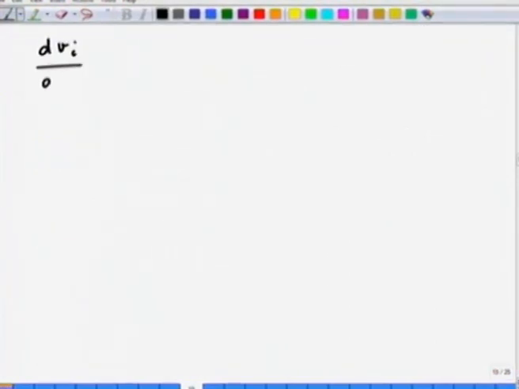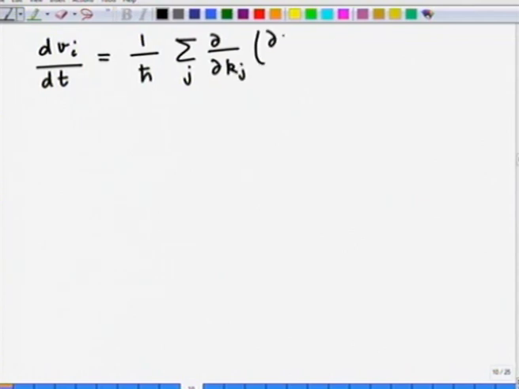So what do we do? Same way we will write this as 1 over h bar, and since we want to take the total derivative, we are going to write this as a summation over j, of del by del k_j of this quantity del E by del k_i.